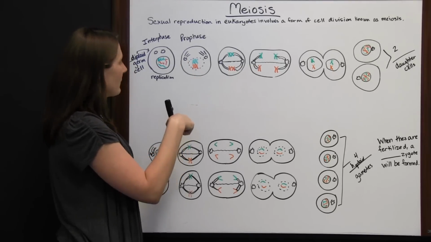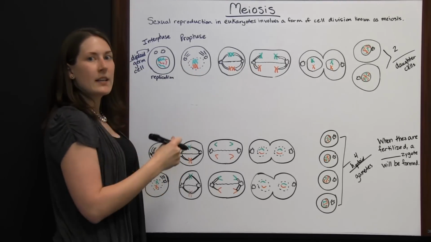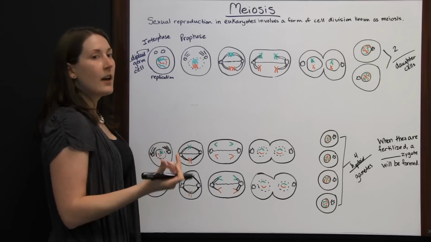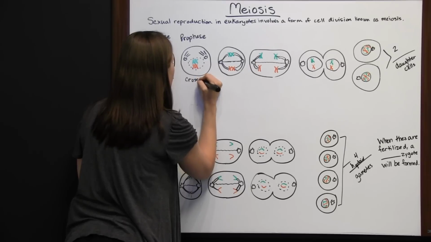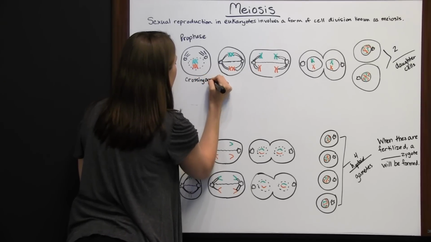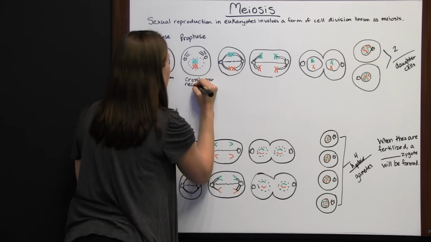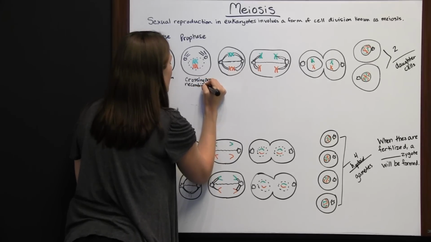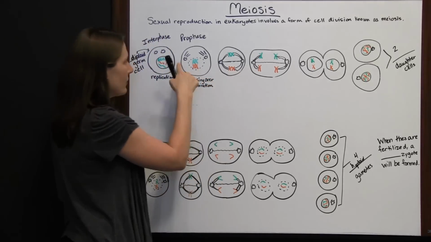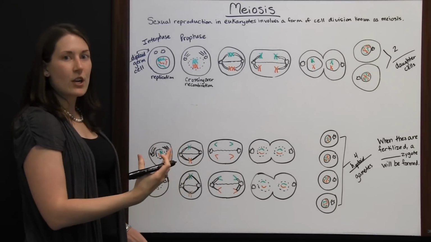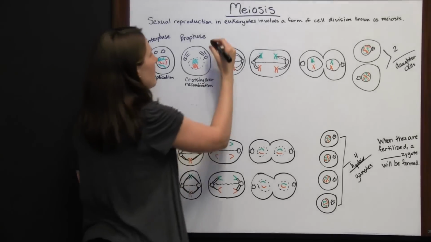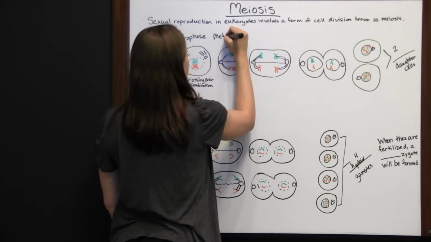So each one of these pairs is going to take a little bit of the other pair, and that is called crossing over or recombination. So you're just kind of jumbling up the maternal and paternal bits before the division starts to take place. Then we move on to metaphase.